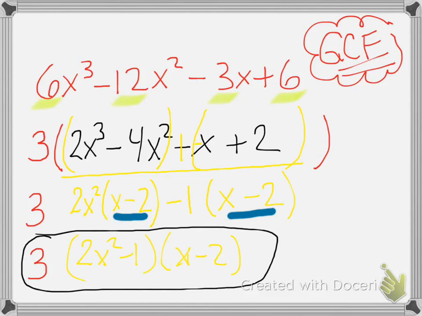If I wanted to check it, I could do it a couple ways. I could multiply these two binomials together and then multiply that answer by 3. Or I could multiply 3 times one of the binomials and then multiply the two binomials together. That would be a long time to check, but if you were on a test and had extra time at the end, and you weren't sure if the problem was right, you could multiply everything back together and see if you get the original problem.